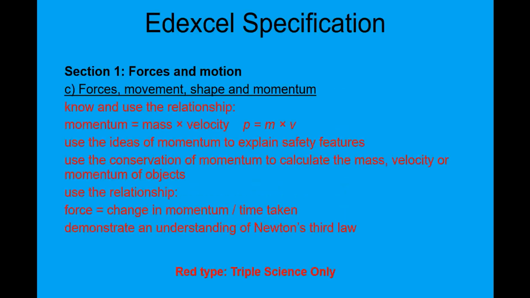This is the Edexcel specification for the chapter. After finishing the chapter, we will learn about momentum. Momentum is the product of mass and velocity. It is a vector quantity. After finishing this chapter, we can use the idea of momentum to explain the safety features of a car.